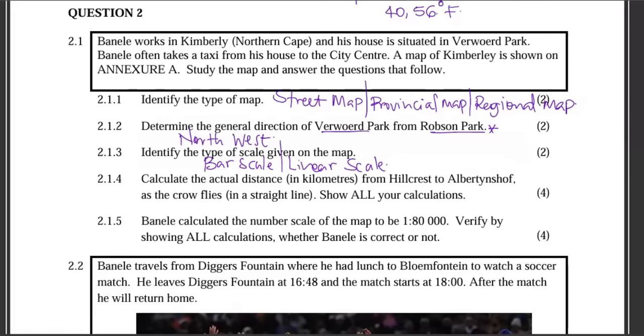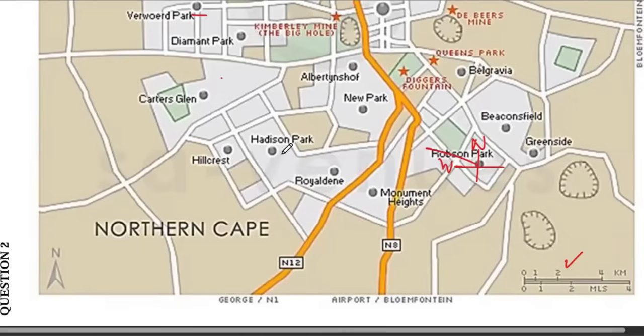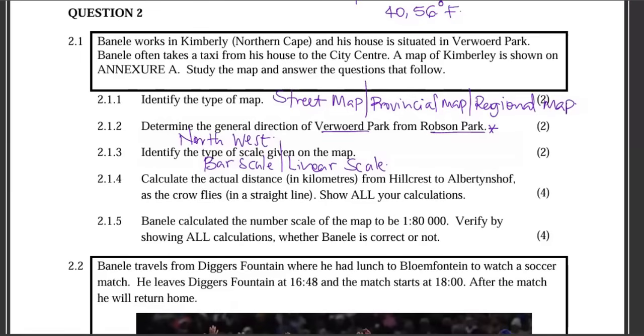Okay, calculate the actual distance in kilometers from Hillcrest to Alberton Fall. As the crow flies, that means you're going to measure the distance. So we come here, we look at this. Alberton Fall is here. Then Hillcrest is here. The distance between these two points, I measured, I got 50 millimeters.